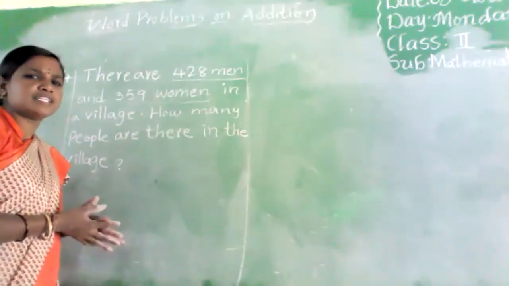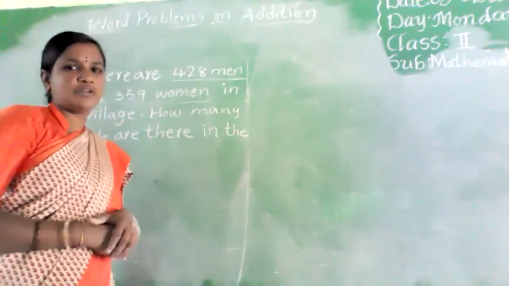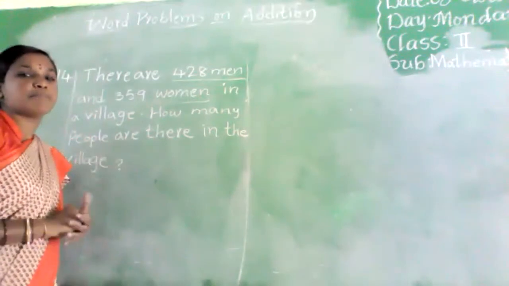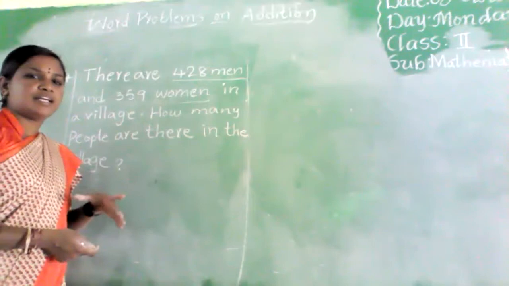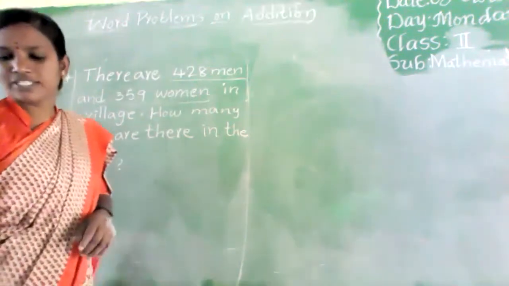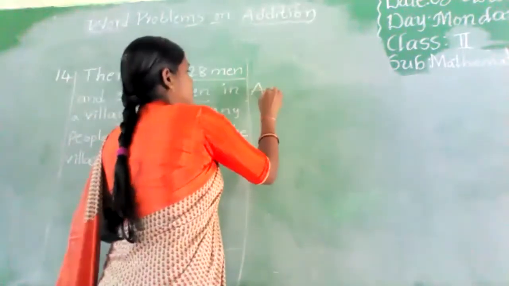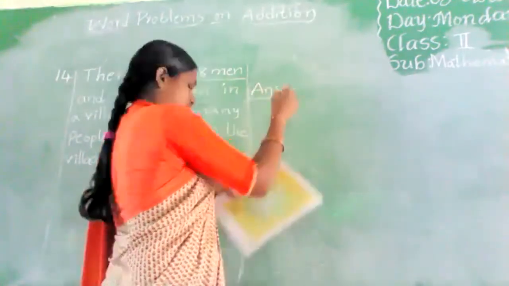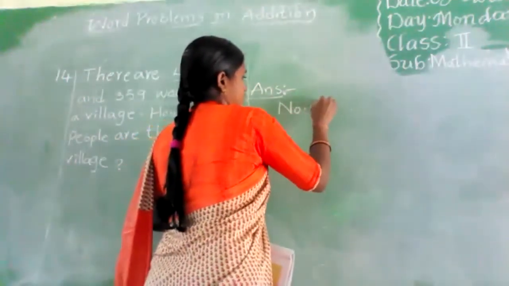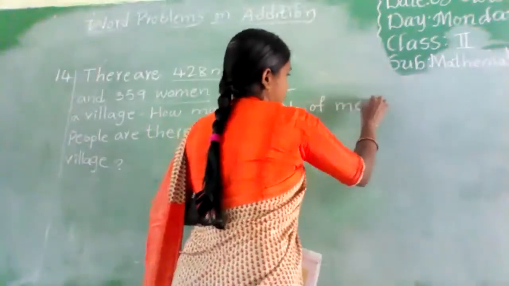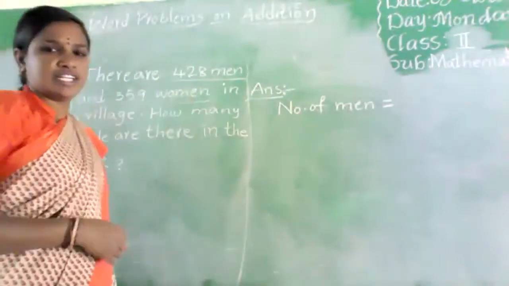People means men and women in that. They are asking how many people, so we have to add men and women. That's why we first write the answer. Number of men: how many men are there? 428.